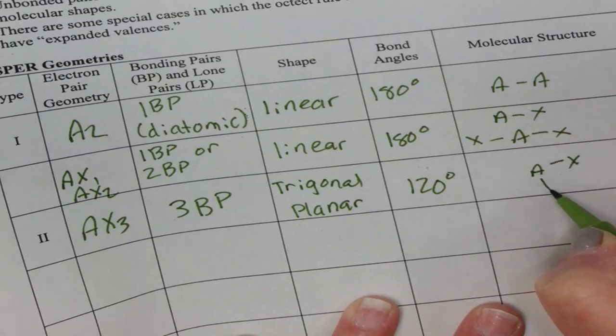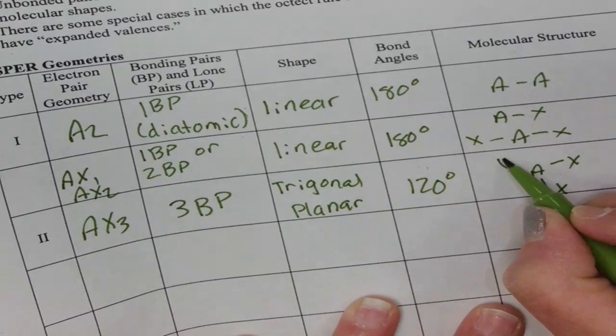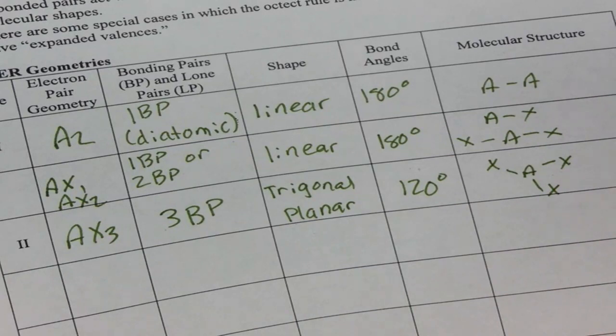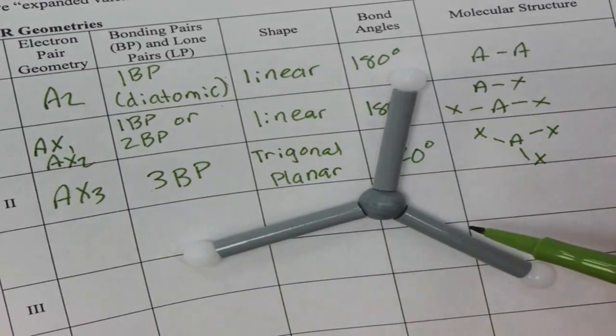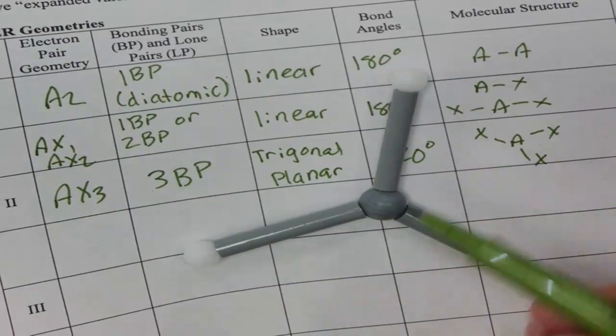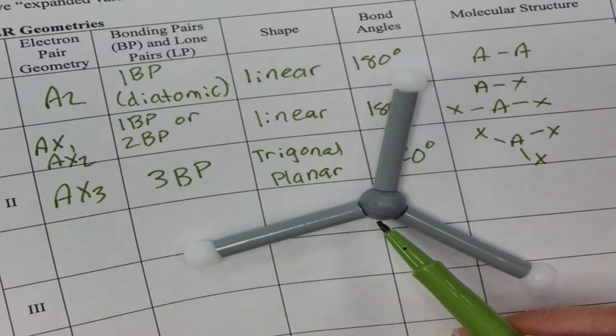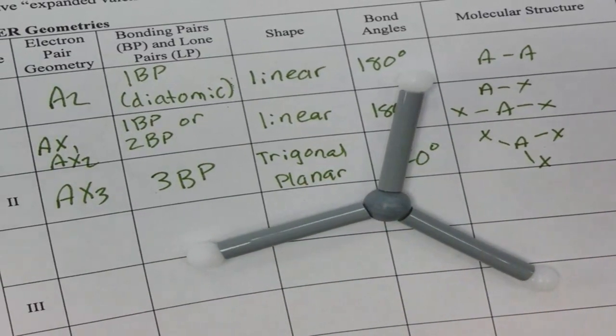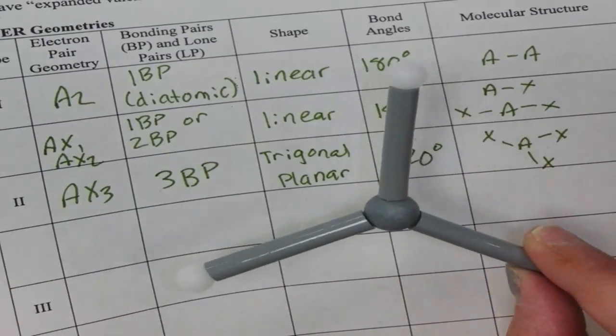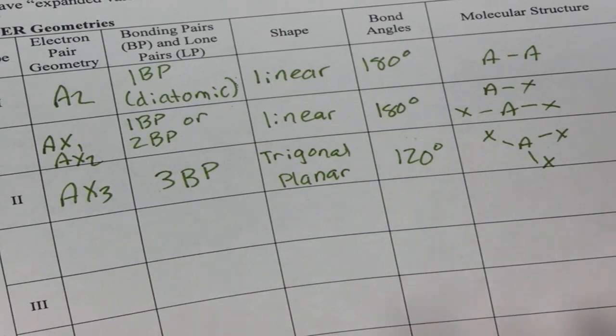And we would simply draw it on our paper, if I ask you to, something like this. All right, and this is going to be a trigonal planar. Notice I do have a 120-degree angle here. I have my central atom, which is the A. I have my X, which is the white in this case. And so it is a trigonal planar.